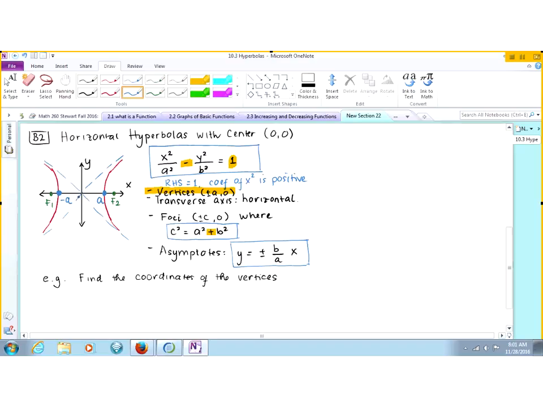So what about the previous one? What do you think the vertices would be? 0, comma, plus or minus b. Yes, so that's what I was supposed to do. I have to go back and label that. Find the coordinates of the vertices, foci, find the asymptotes, and then sketch.